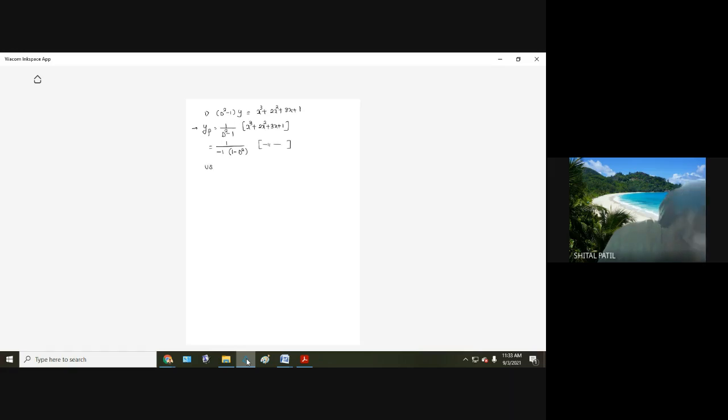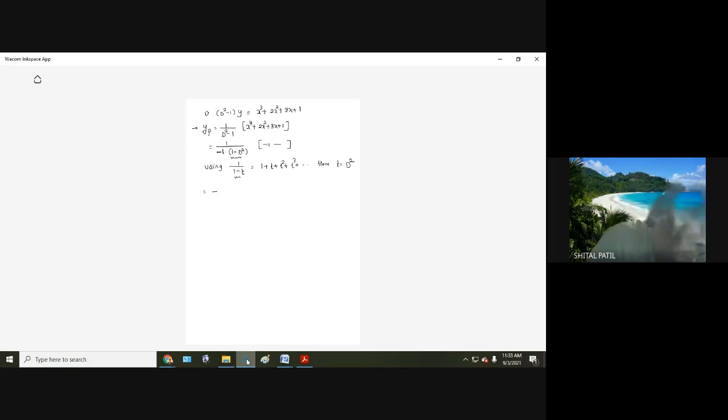Okay, now I'll use this formula: 1 upon 1 minus t is 1 plus t square plus t cube and so on. Compare these two. What is t here? t is equal to D square. The minus sign, that minus 1, is outside.